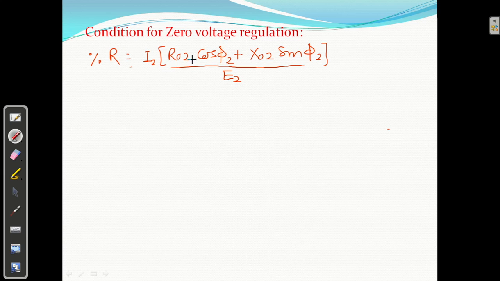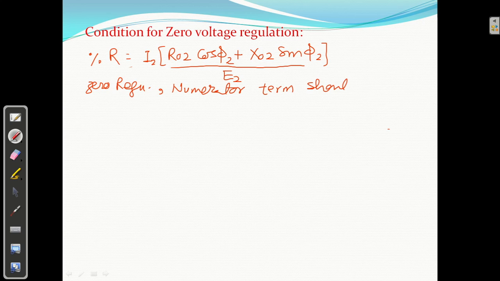Whenever you calculate the regulation, we have to take the equivalent values of resistance and reactance. Now, you want zero regulation, which means the numerator term should be zero.